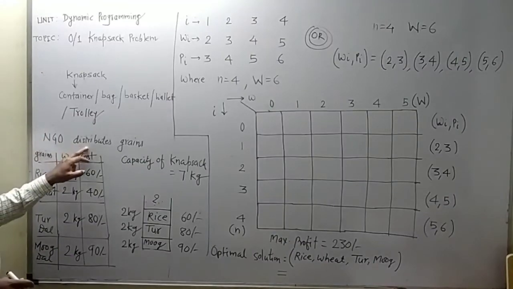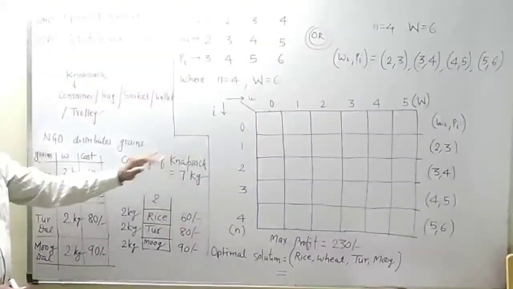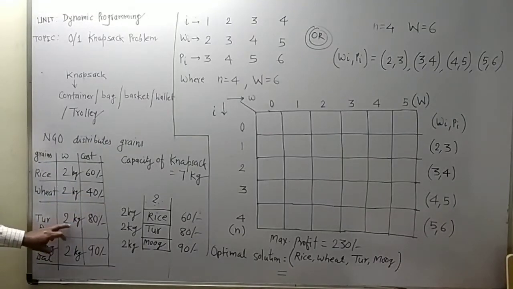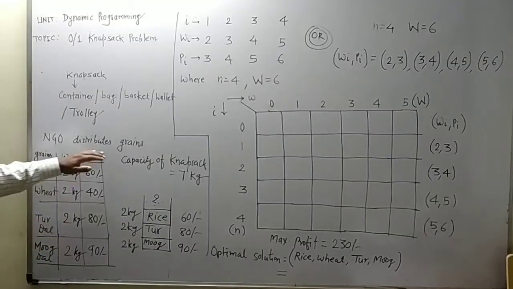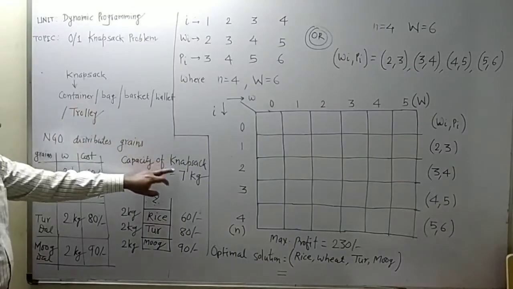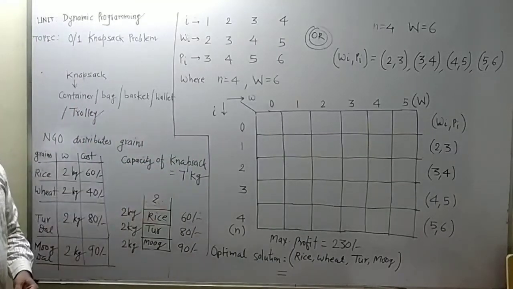Suppose an NGO distributes grains to needy people free of cost. The following grains are distributed to the needy people: rice 2 kg, the cost is labeled; wheat 2 kg, the cost is labeled; tur dal 2 kg, the cost is labeled; moong dal 2 kg, the cost is labeled. The NGO has provided the knapsack, that is a container, and it has a capacity of 7 kg.